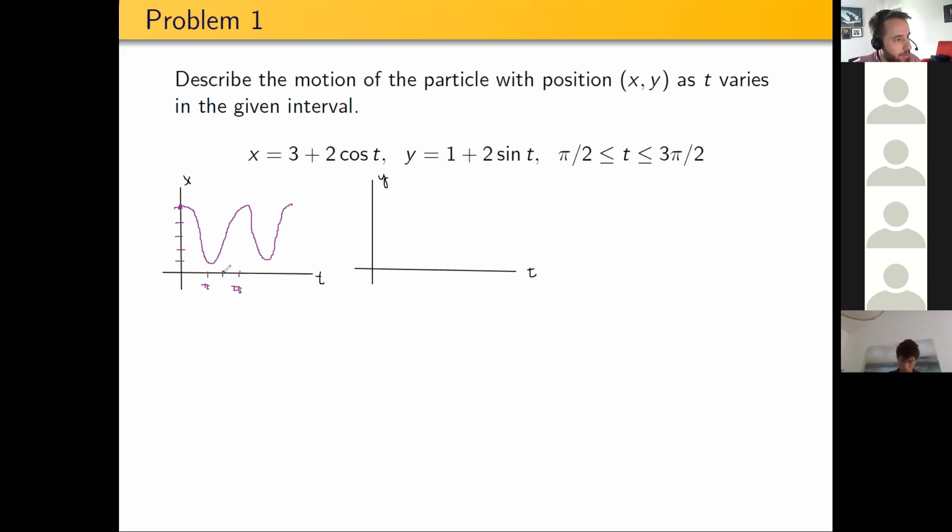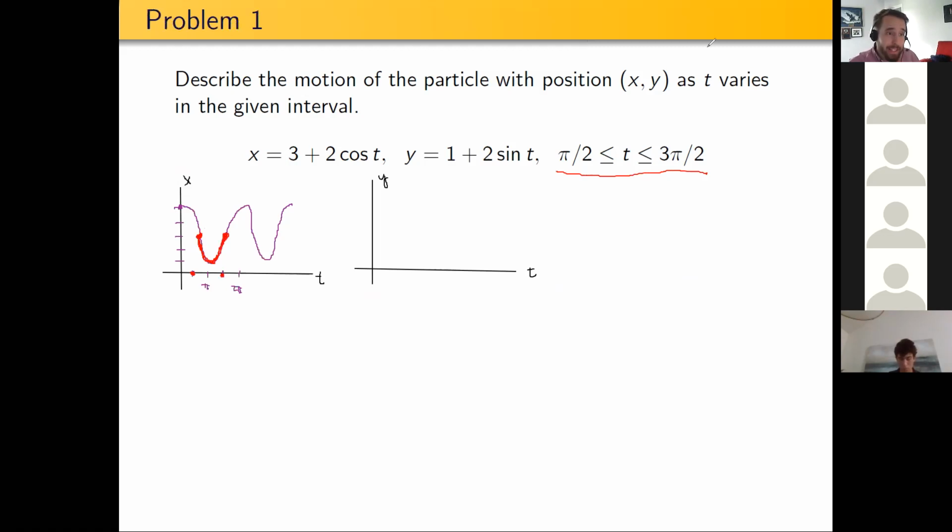So 3 pi over 2 would be right here, and pi over 2 would be right here. We're looking at this midpoint, going down, and then coming back up to that midpoint again. So the restricted domain, this piece right here, means I'm only looking at this lower piece of the cosine function.